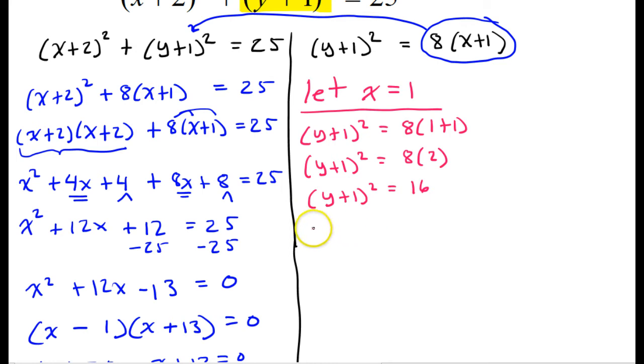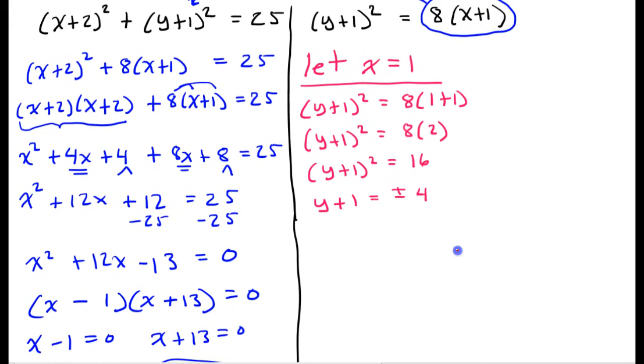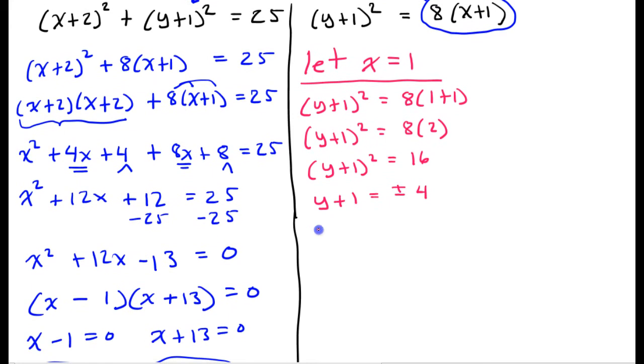Taking the square root of both sides, I get y plus 1 is equal to plus or minus 4. Don't forget your plus or minus, or you will only have half of a solution. Subtracting 1 from both sides, I get y equals negative 1 plus or minus 4.